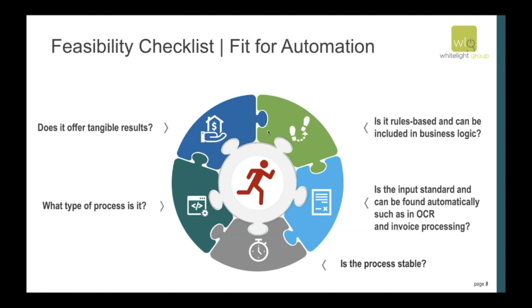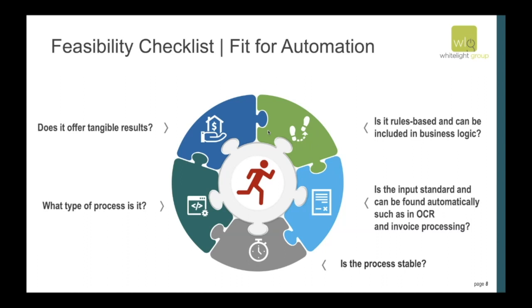And is the rule that if the purchase order is for, or the payment is for, over $100,000, it goes through a different approval process? There's all kinds of things like that. And if there's business rules attached to it, then you can determine that the RPA process is feasible and stable.